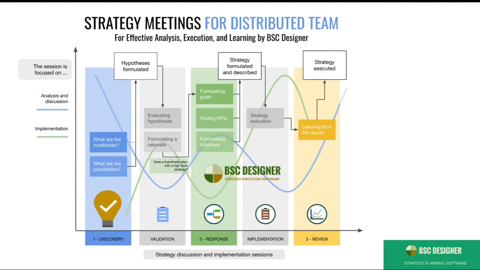When the core of the strategy is ready, plan some regular strategy sessions. A strategy session or a strategy meeting is a repetitive process that includes analysis of the challenges, control experiments, implementation, and learning loop.